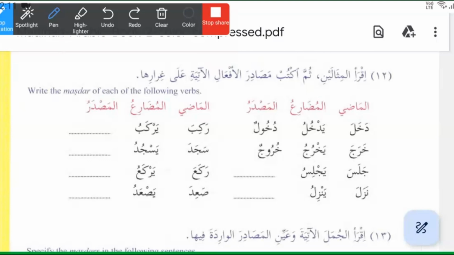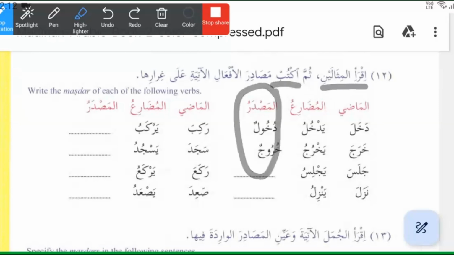Misal means example, misalani or misalayn means two examples. Then we need to write the masdar. Masdar, when we translate it, means source. We need to write the source of the verbs which are coming in front of them. We will write the masdar.